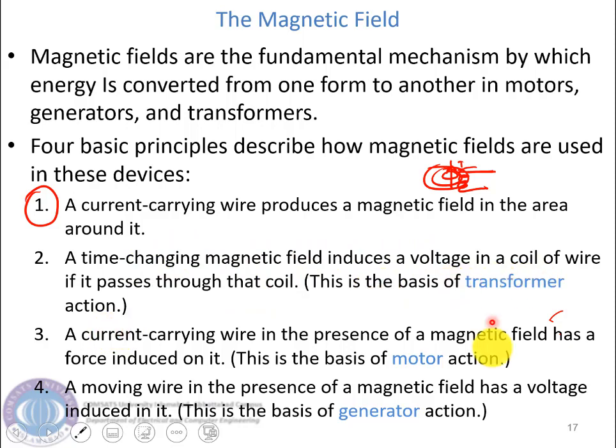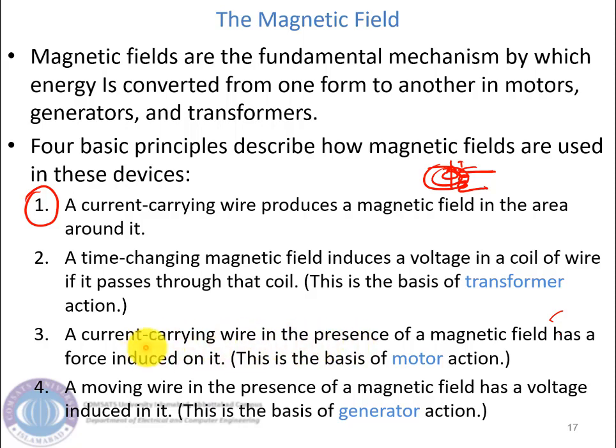Now, third, a current carrying wire in the presence of a magnetic field has a force induced on it. The catch here is that we don't need a time changing magnetic field.